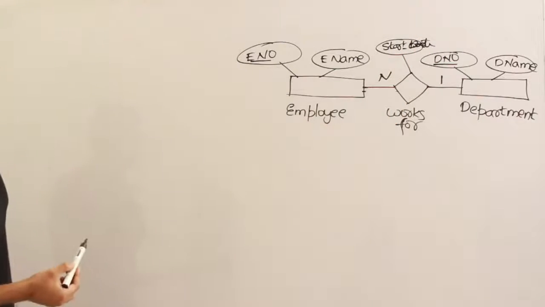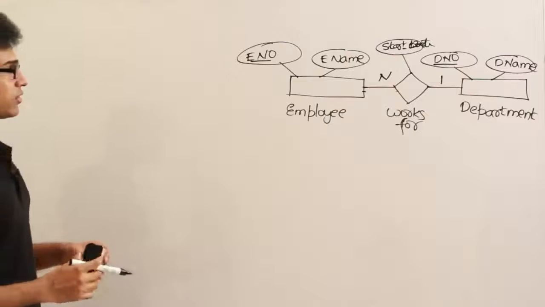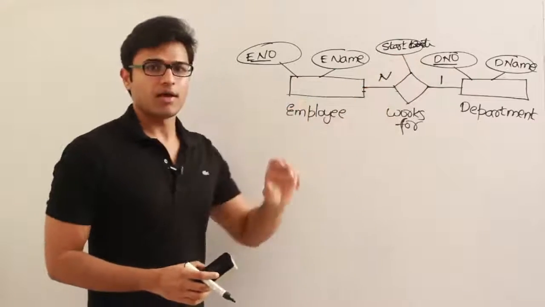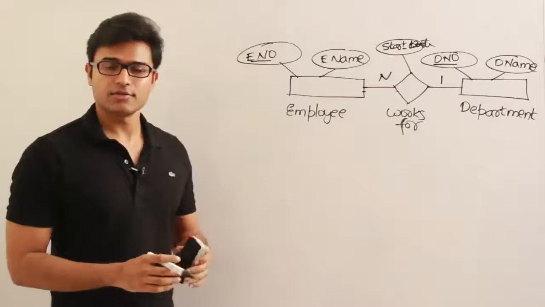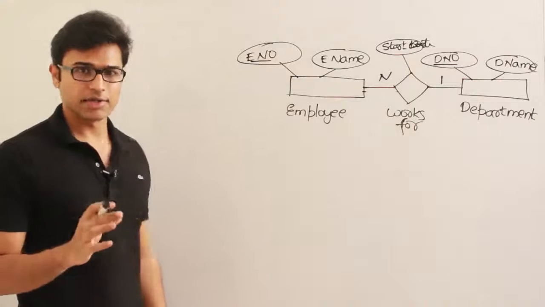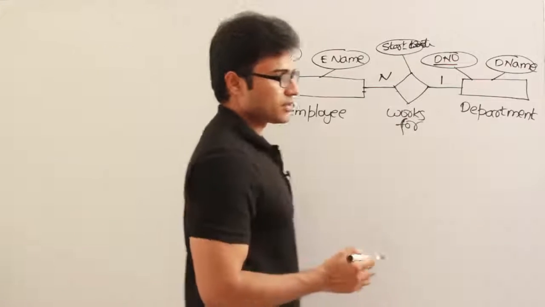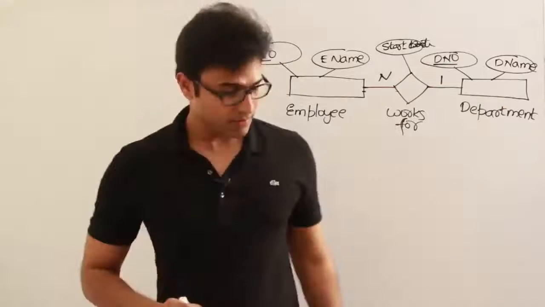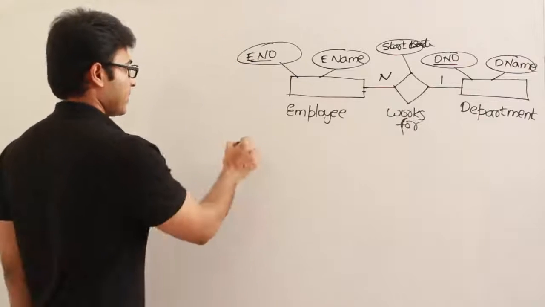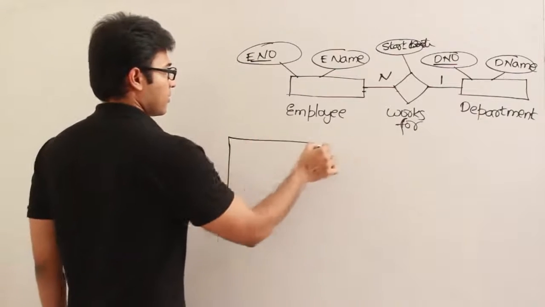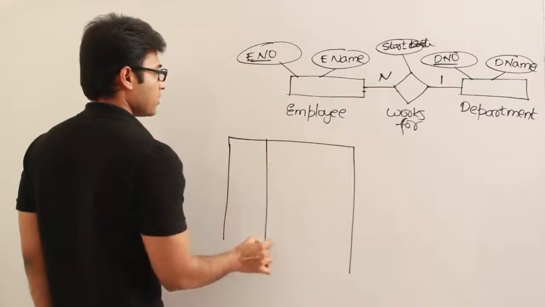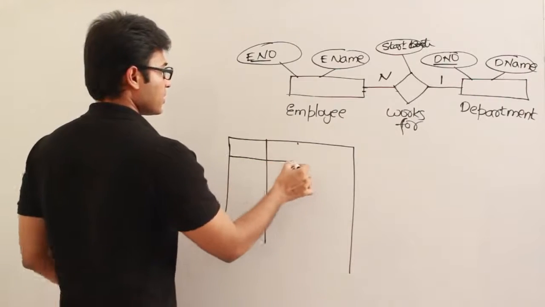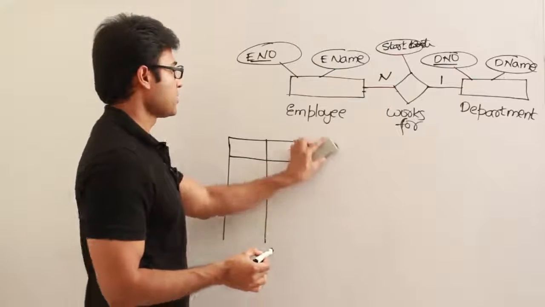Fine. Now what I wanted to see is how to represent this particular relationship. We already know that for strong entities we already have the tables, the relations. So one relation is going to be this way: employee is having two attributes.